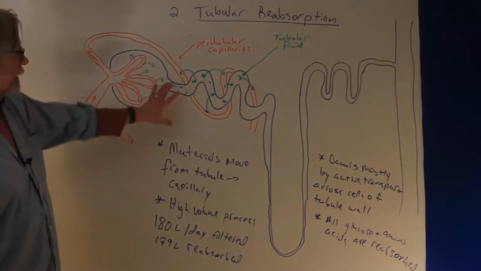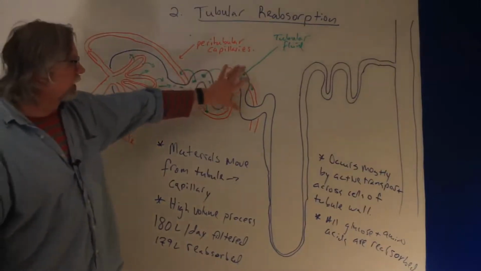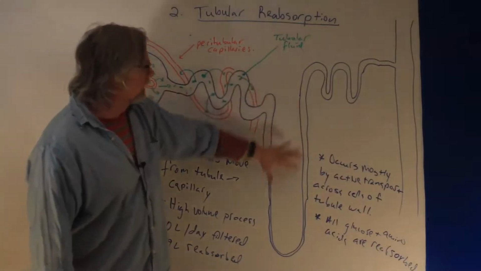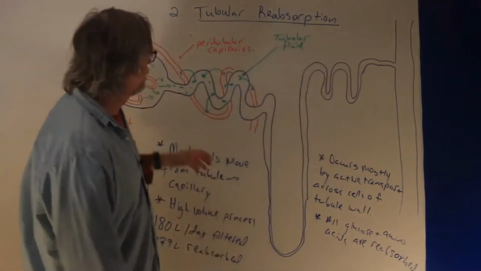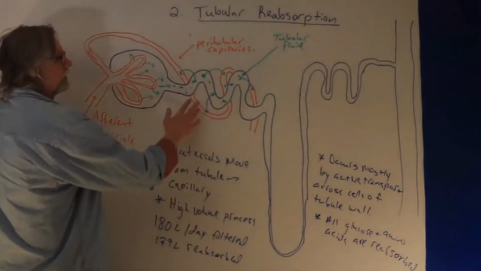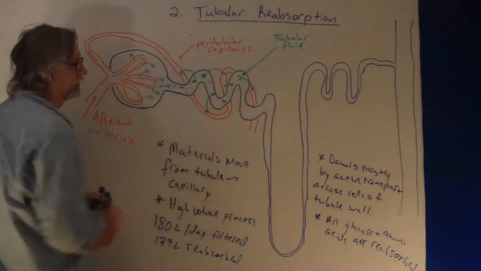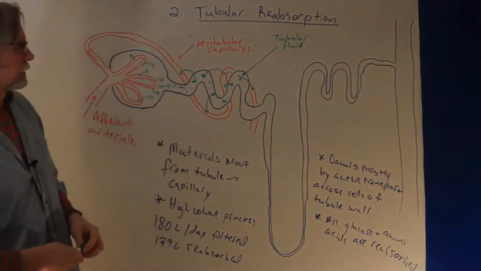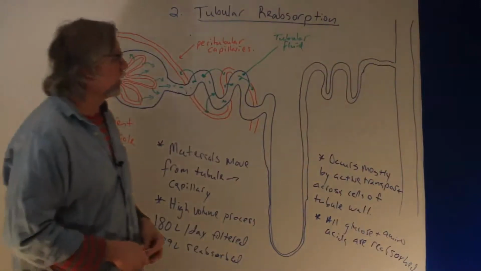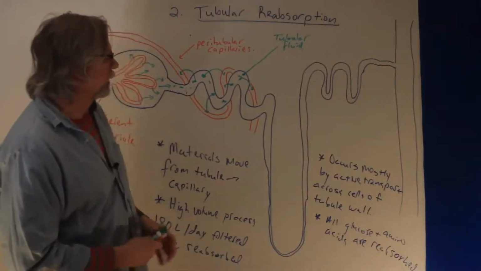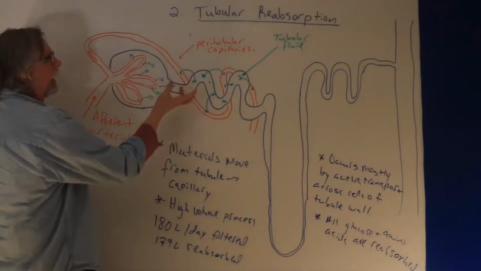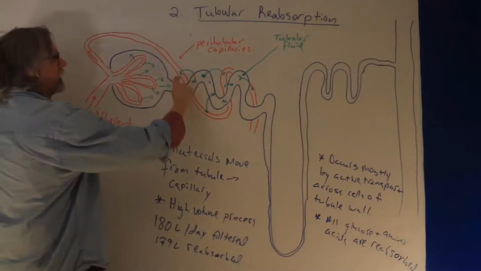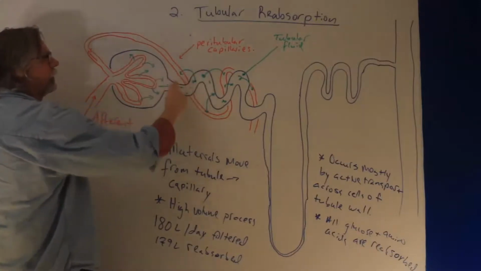Okay? It's going to happen along the proximal convoluted tubule, a little bit in the loop of Henle, distal convoluted tubule, but the main site of it in terms of volume is in the proximal convoluted tubule. Now this process is going to require active transport of molecules out of the tubular fluid to get across the cells that line the tubule wall.